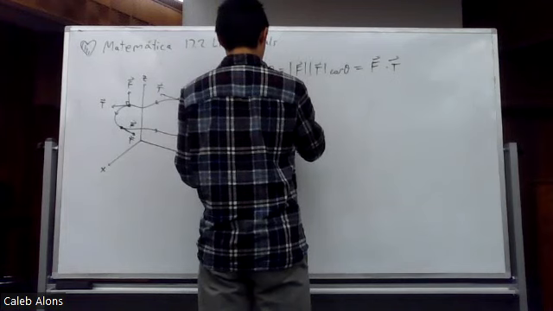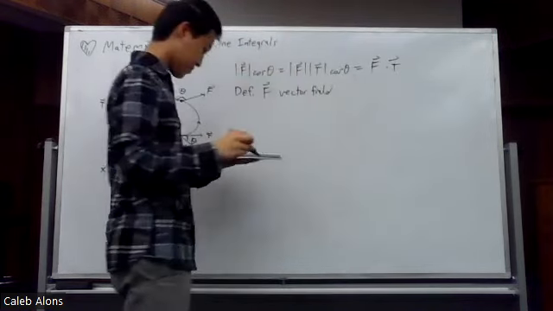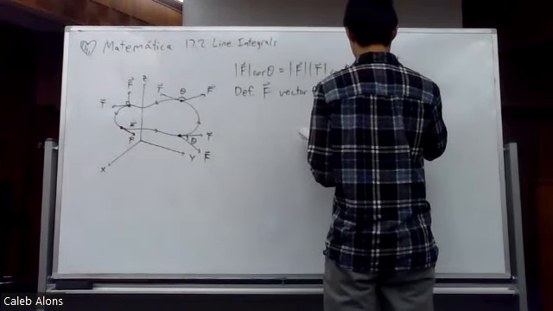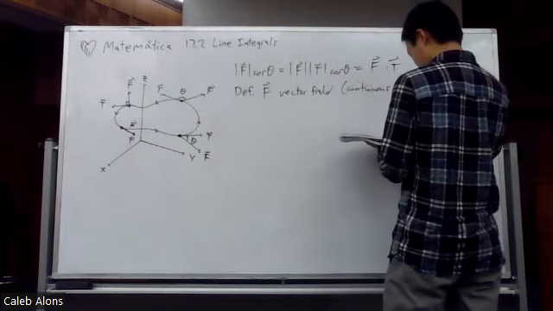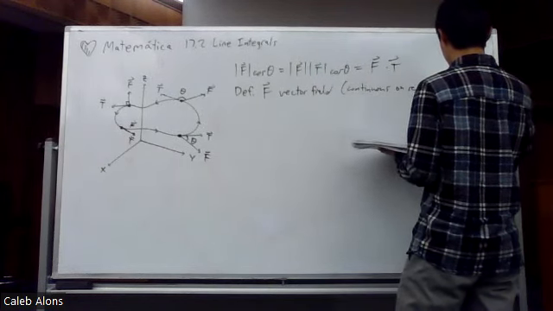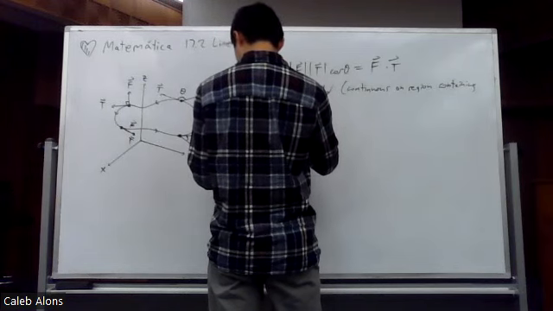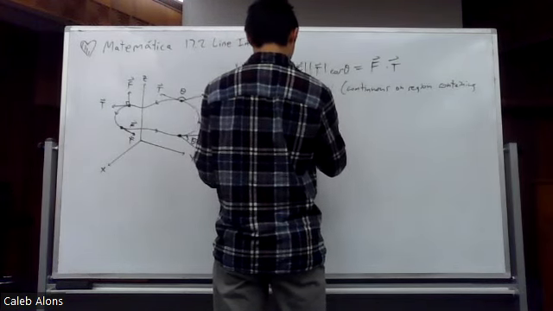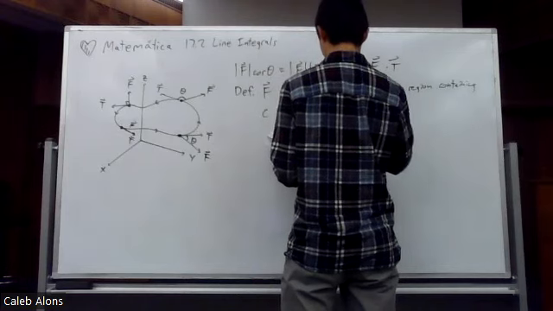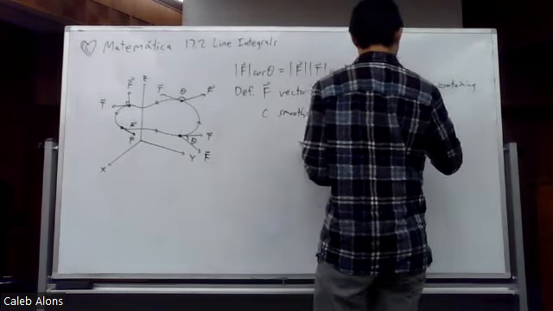So F is a vector field that's going to be continuous on a region containing C, which will be a smooth, oriented curve, parameterized by our claim.